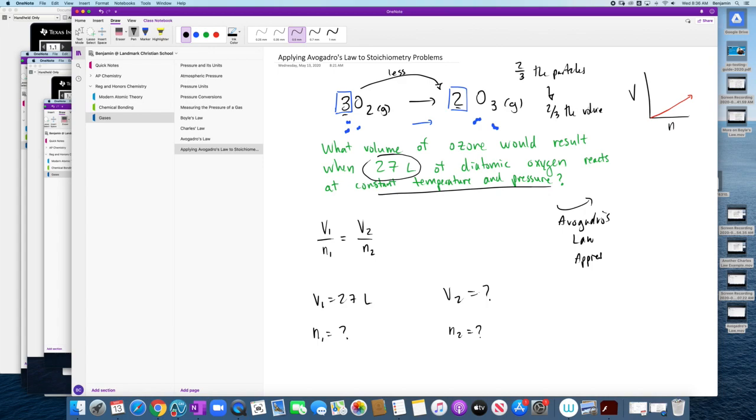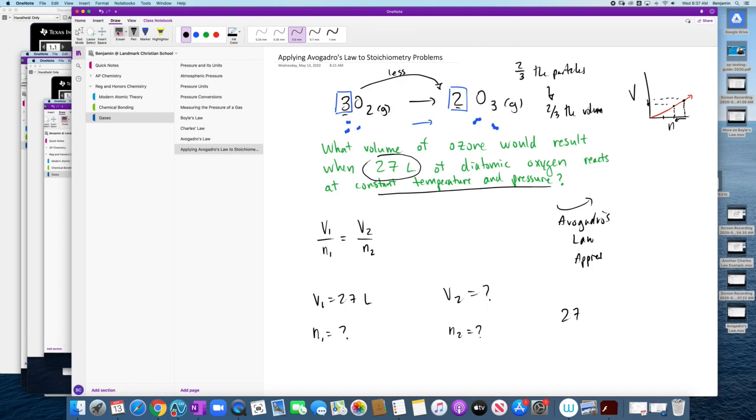If our original number of moles was here, we don't even know what that is, but if we have 2/3 of that, that's 1/3, 2/3. 2/3 the number of particles, we're going to have 2/3 the volume.